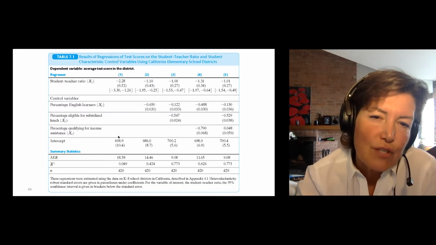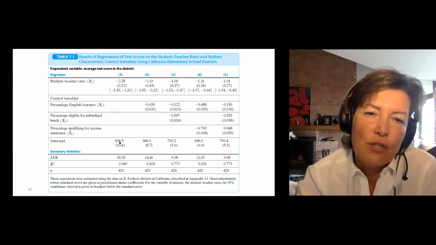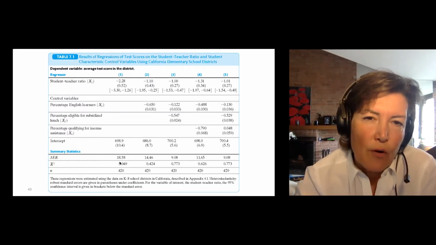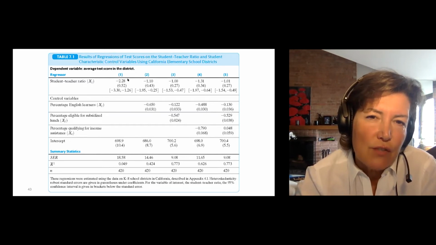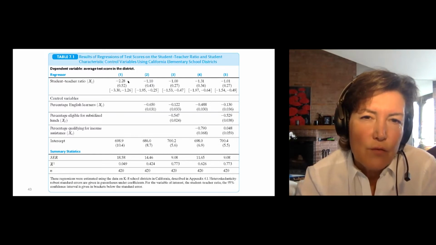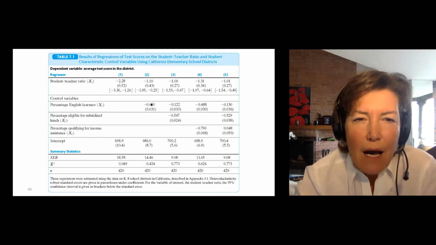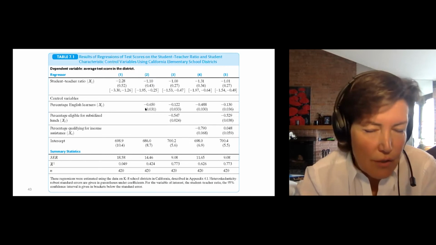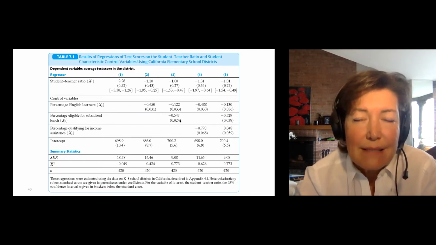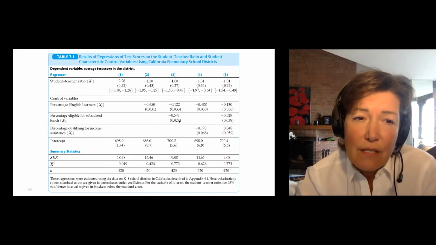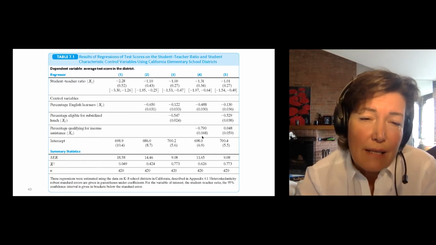So this first regression is the regression that I actually showed you before. It said that if we increase student-teacher ratio by 1 student, test scores decrease by that number, -2.28. Now we're adding some other variables. We add percent English learner, or percent eligible for subsidized lunch, or percent qualifying for income assistance.